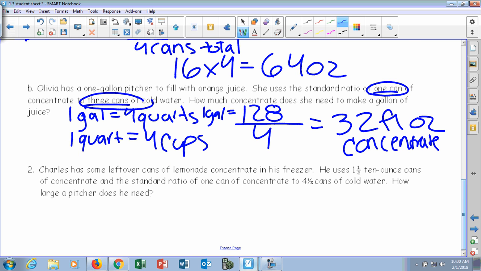So let's work on 2, this last one real quick. Charles has some leftover cans of lemonade concentrate in his freezer. He didn't use all of it from before. He uses 1/2 of a 10-ounce can of concentrate and the standard ratio of 1 can to 4 1/3. How large of a pitcher does he need?